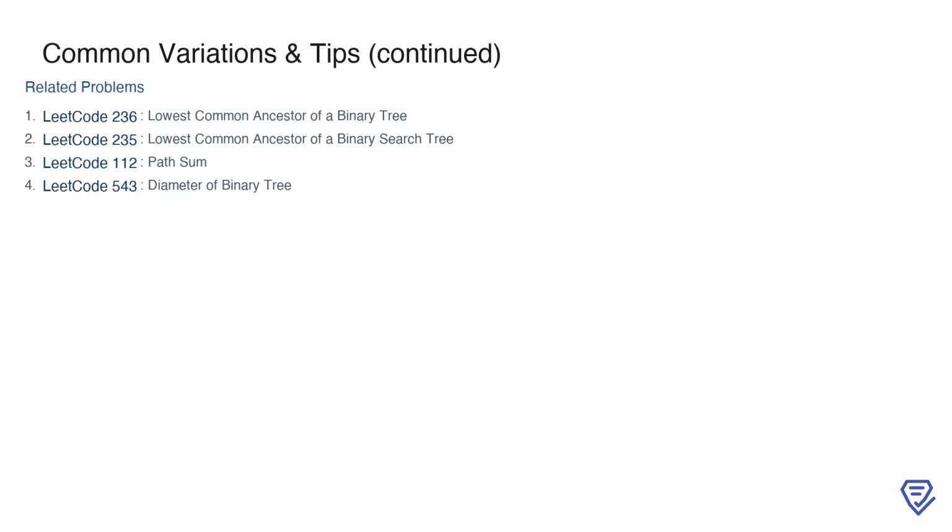LeetCode 112, Path Sum, is another related problem, as it also involves recursive traversal to determine if a specific condition is met in a tree path. Lastly, LeetCode 543, Diameter of Binary Tree, explores a distinct but related concept, where you calculate the longest path between any two nodes in the tree. Familiarity with these problems can provide a broader perspective and help you recognize patterns in tree algorithms.